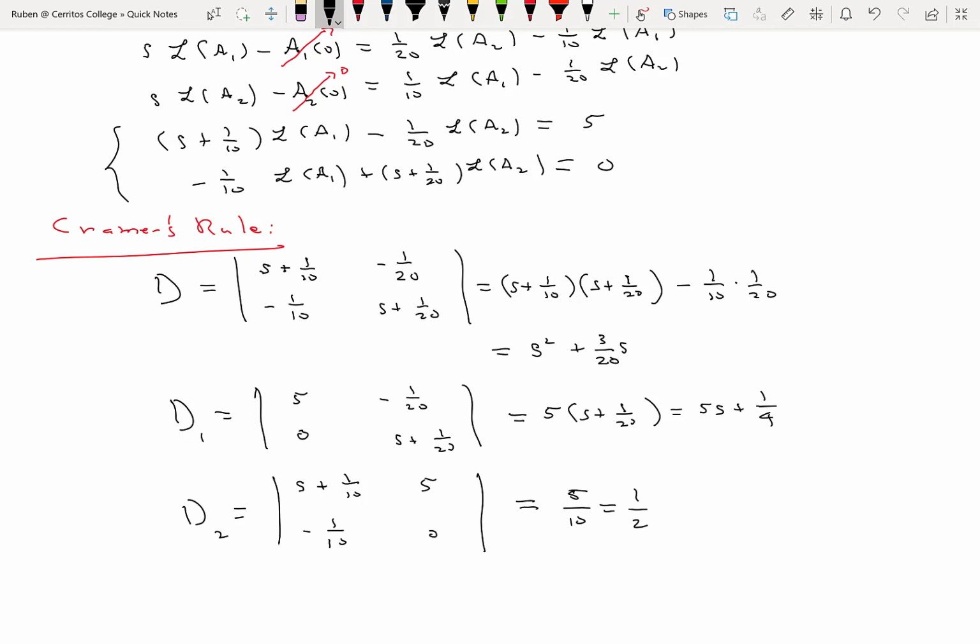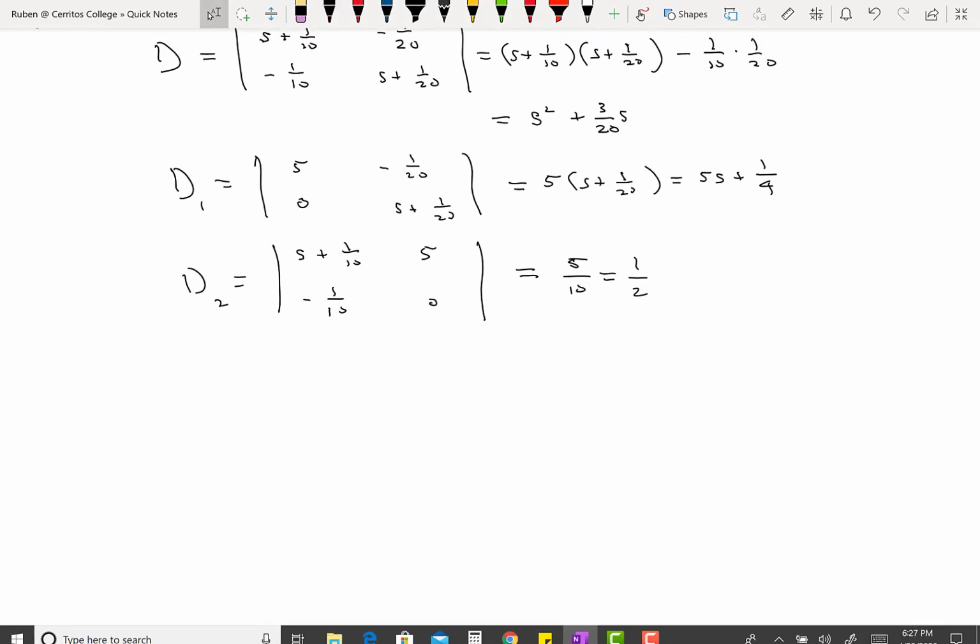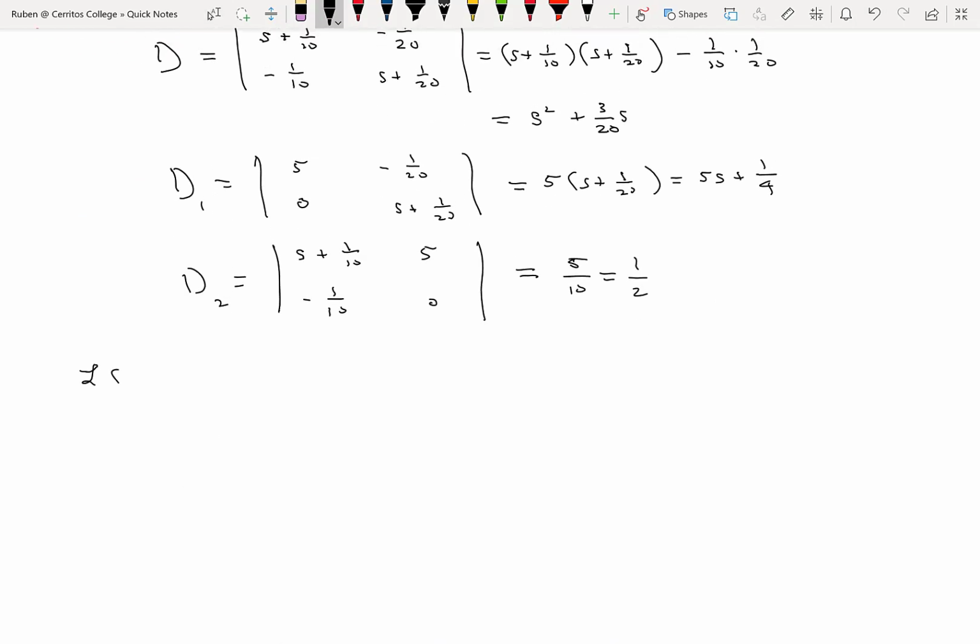Okay, so now let's continue with Cramer's rule. The variables again are Laplace A1 and Laplace A2. So Laplace A1 is D1 over D, which is 5s plus 1/4. There's some irony there.